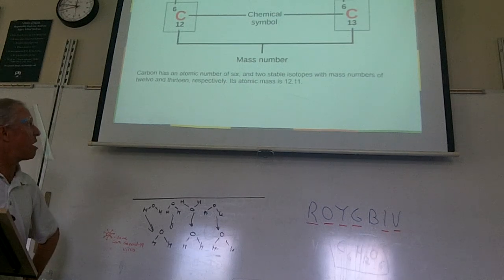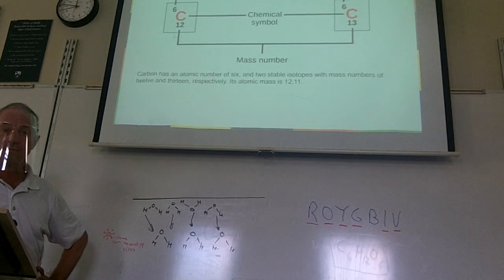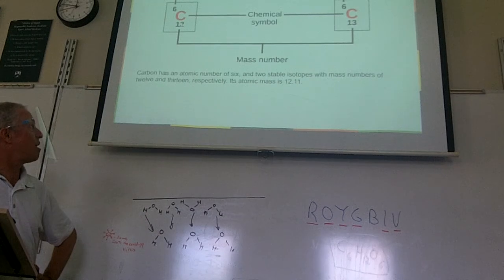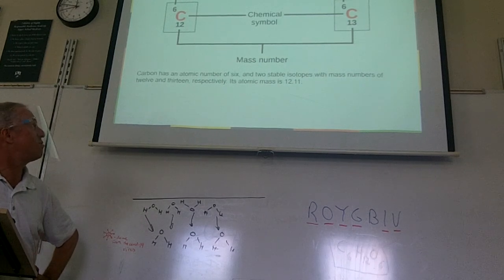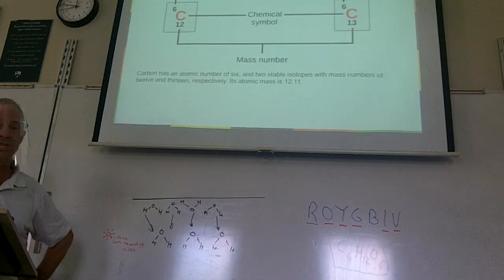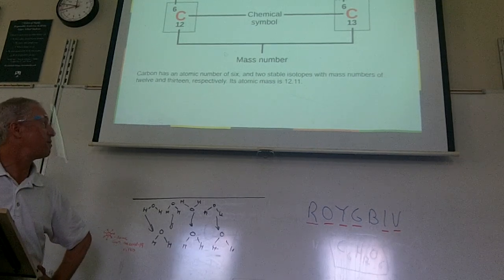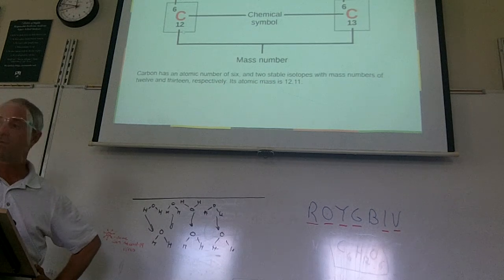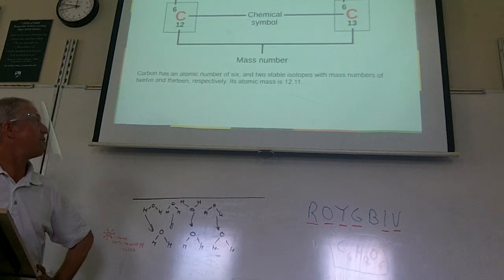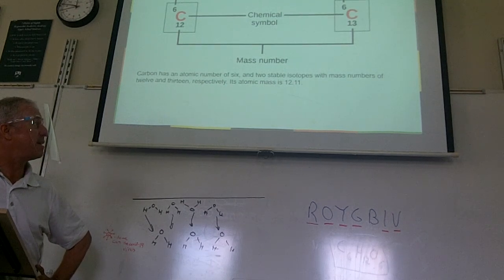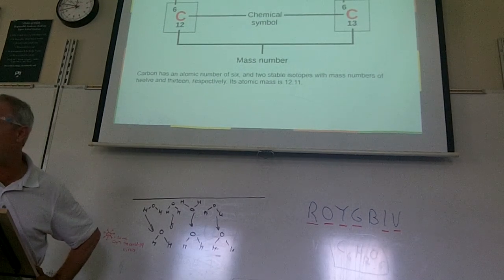That's the number of protons and neutrons combined. So carbon-12 has 6 protons and 6 neutrons to make 12 total particles in the nucleus. So that gives it a mass number of 12. What's the difference between carbon-12 and carbon-13? 1 neutron. Carbon-13 has an extra neutron.